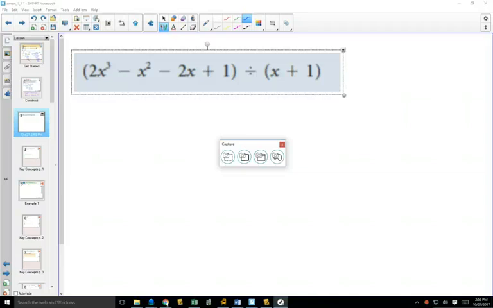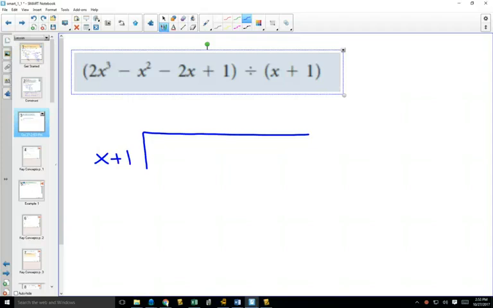We're going to set this up with long division. X plus 1, 2x cubed minus x squared minus 2x plus 1. So if we recap, what are the important things that we're looking at? We're looking at our first term, which is 2x cubed.